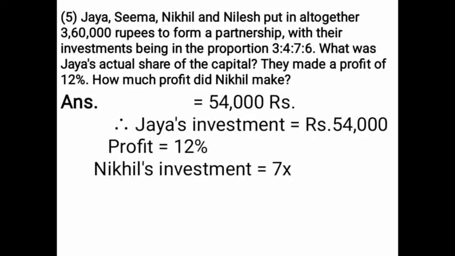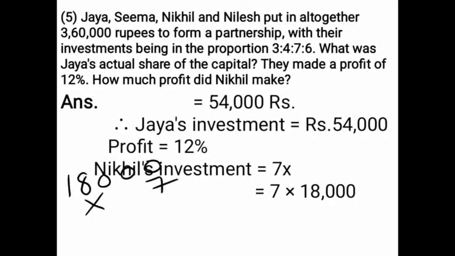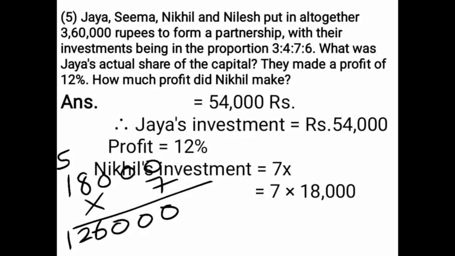You have to substitute the value of x is equal to 18,000. You have to multiply 18,000 into 7. I am getting the answer 1,26,000 rupees after multiplying 18,000 into 7.